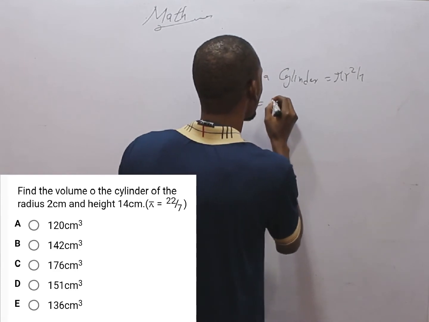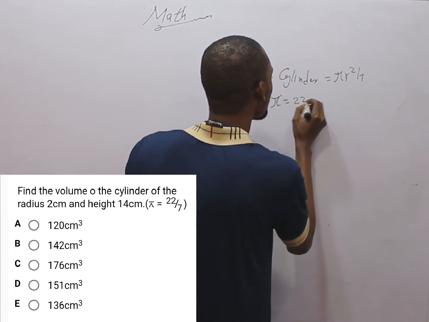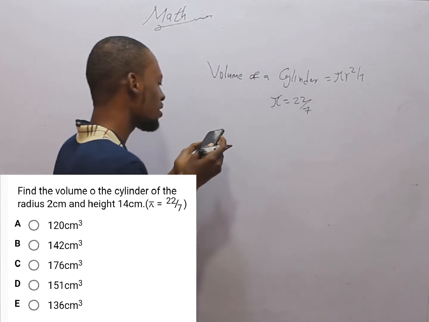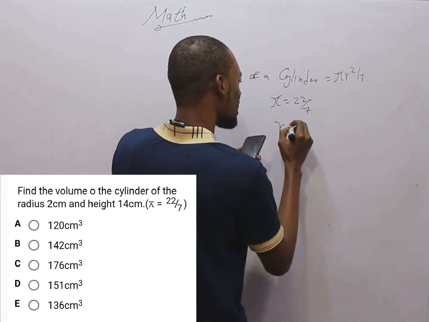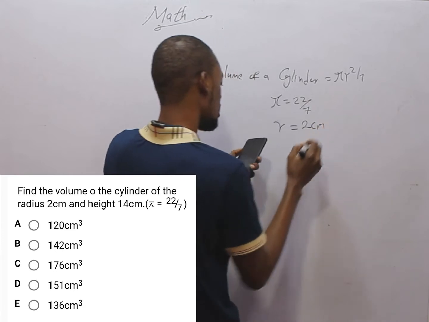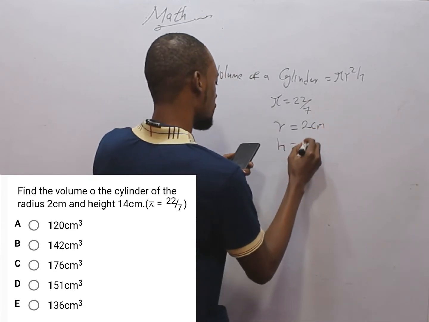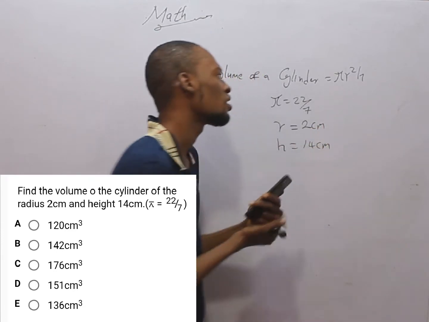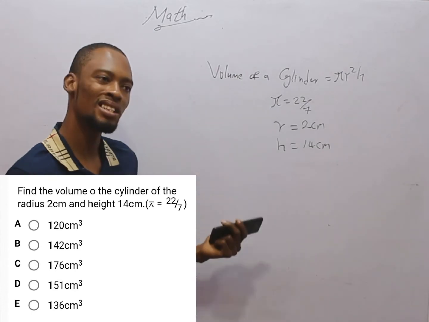They say take pi to be 22/7, the radius r is 2 cm, and the height is 14 cm. We have everything we need.